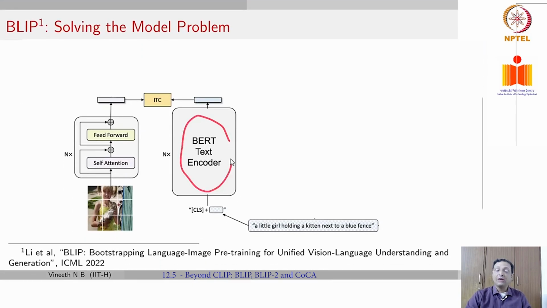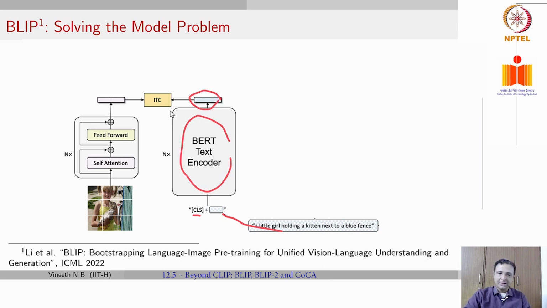On the next block, we have the BERT text encoder, where we provide the caption corresponding to the image, which came with the noisy web scrape text, for instance, along with a CLS token. Please keep in mind that whenever you have a CLS token provided to a transformer, that helps to be the output token of the transformer, where the classification label can eventually be obtained from. So they have the CLS token, and you have the output here of the BERT text encoder.